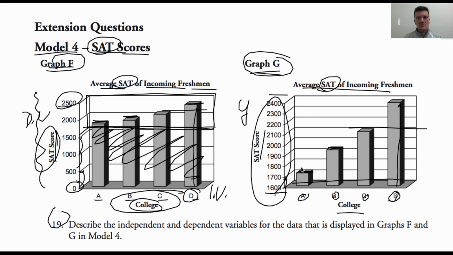But if he just looks at the bar height, yes, it appears as if this bar over here, D, is probably 4 times higher than bar A. But in reality, if you look at the numbers, and that's why you should also have a data table with the actual values, that is not the case.